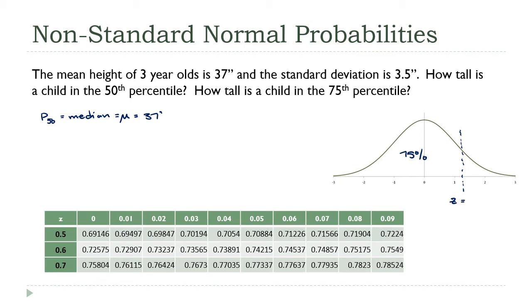I'm going to go to my table, and I'm looking for 0.75, and I don't see it, but I've got this number here and this number here. Both of those are pretty close. So which one am I going to pick?